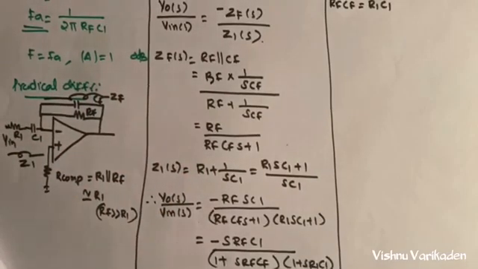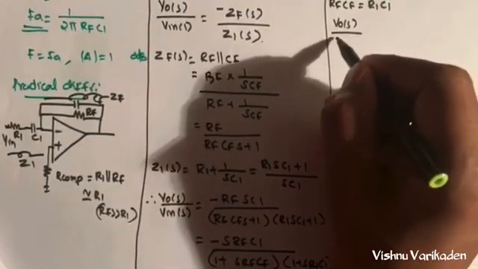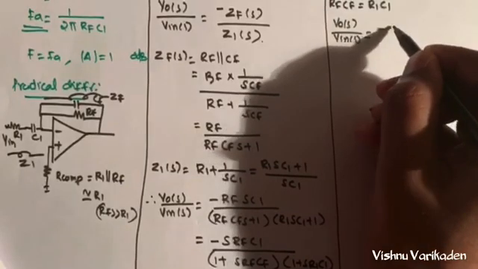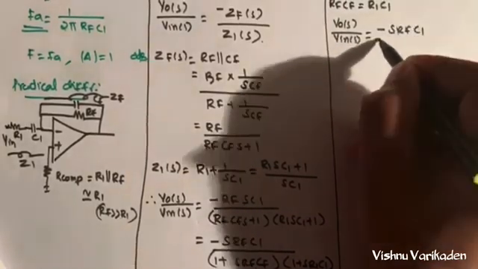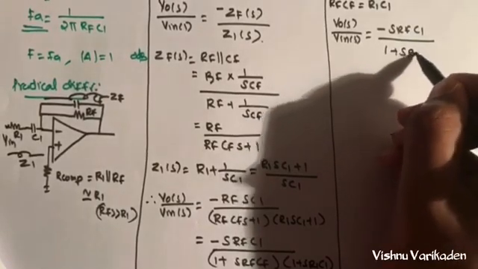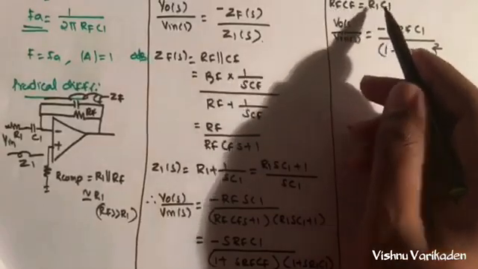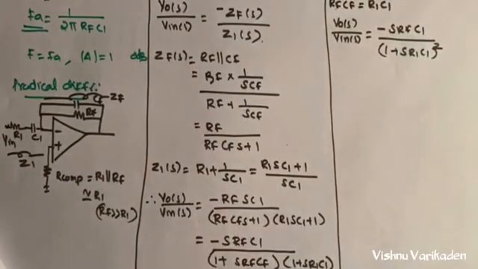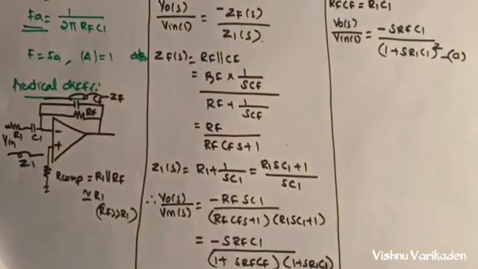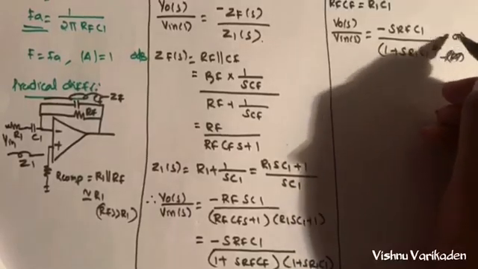So we can write Vout of S divided by Vin of S is equal to minus S RF C1 divided by 1 plus S R1 C1, the whole square. We will put R1 C1 into this equation and get the answer. We will call this equation A.